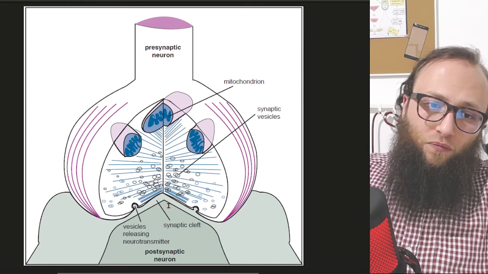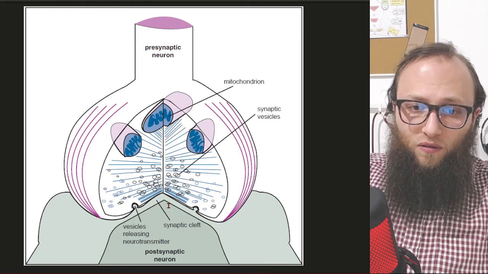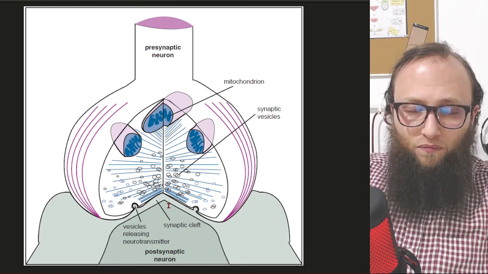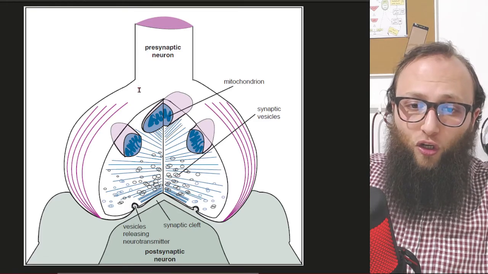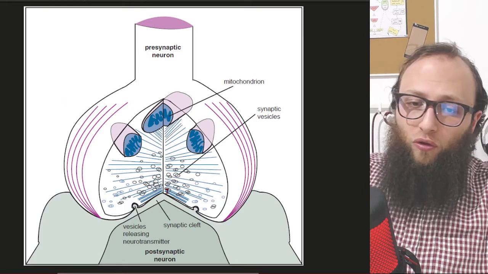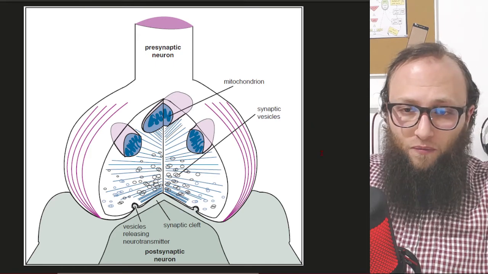So these proteins, scaffolding, and molecular forms make up what's called the synaptic glue, and that of course reinforces the connection between the neurons.